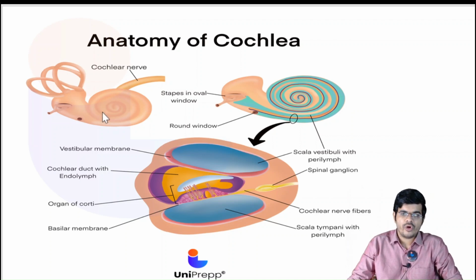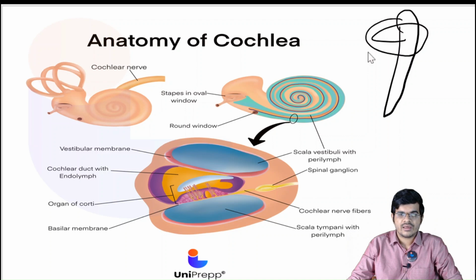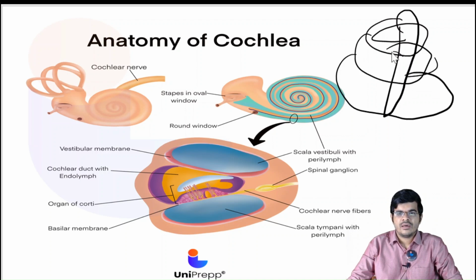Okay, there is a modiolus, and around this the cochlea is turning. And the number of turns that are seen are 2 and 3/4 or 2.5. Both are right.